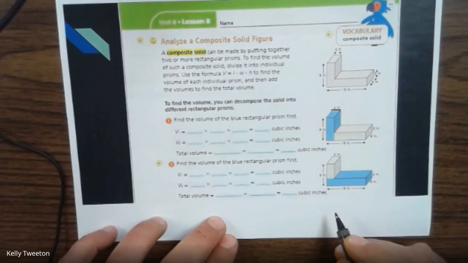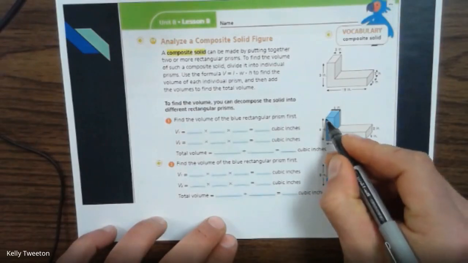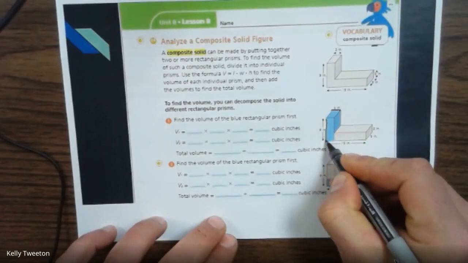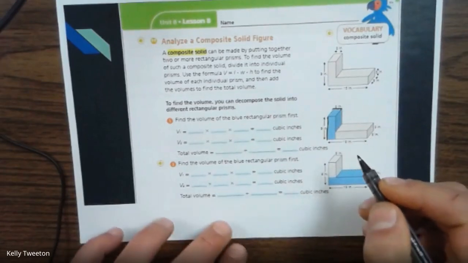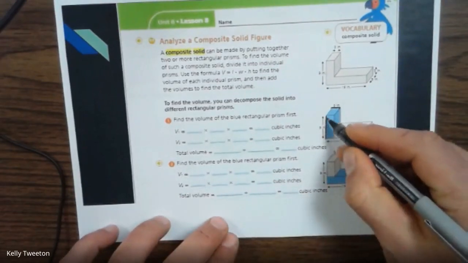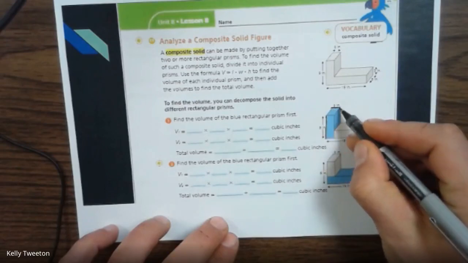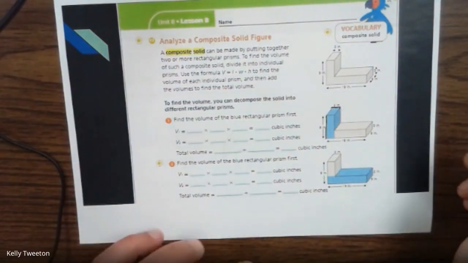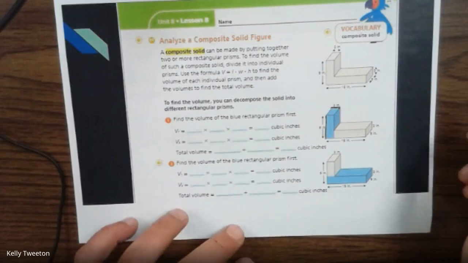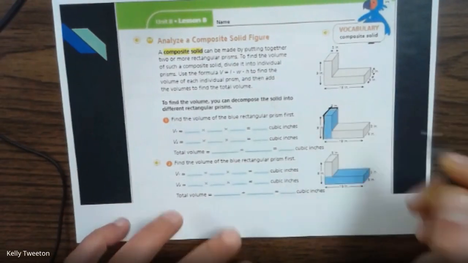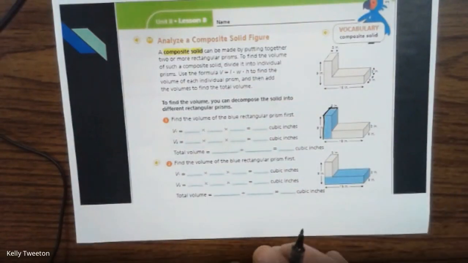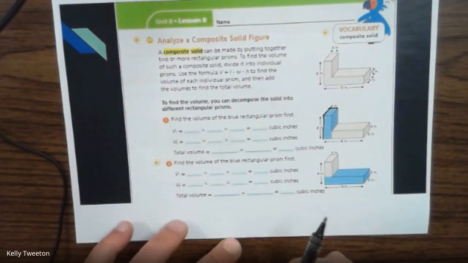I also noticed that this blue is 9 inches high, from there to there. But when we do volume, we need 3 dimensions. I have a height and a width, but I don't know how far it is from this side to this side. So where can I find it? Is that somewhere else on the picture?